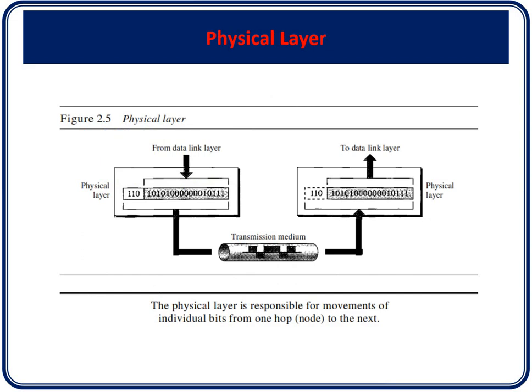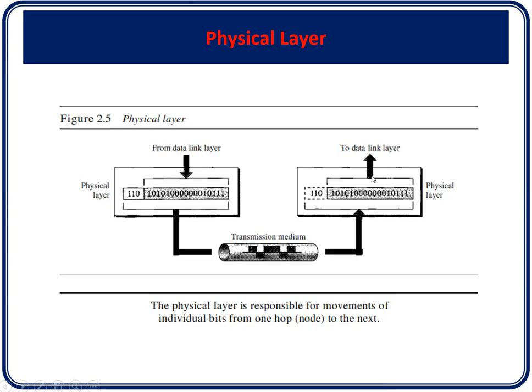This figure shows the physical layer. Normally, the physical layer is responsible for coordinating the functions required to transmit a bit stream over the physical medium. Data comes from the data link layer to the physical layer, then to the transmission medium, and from the transmission medium again to the physical layer and up to the data link layer.